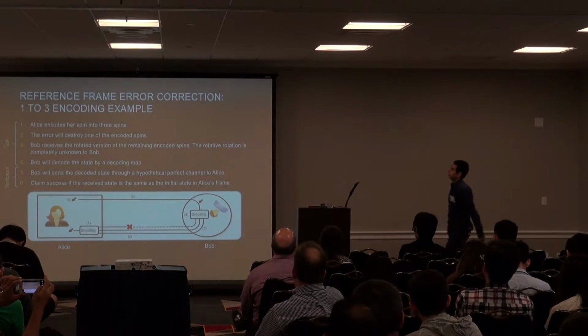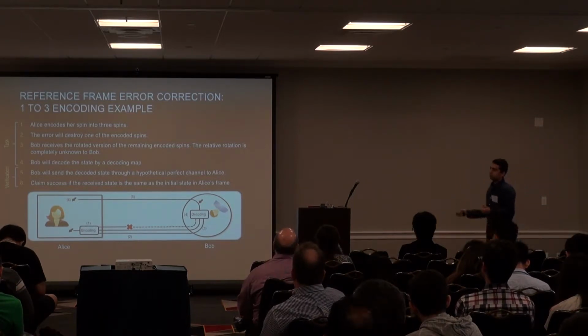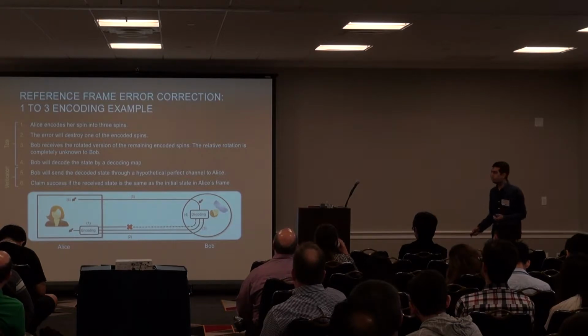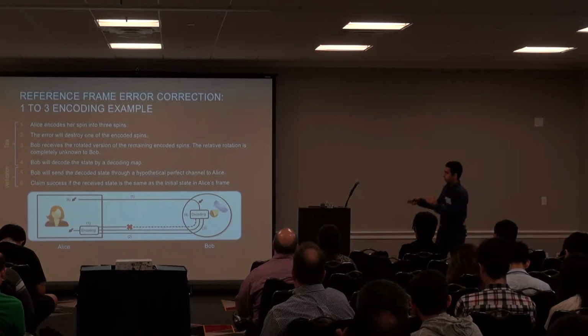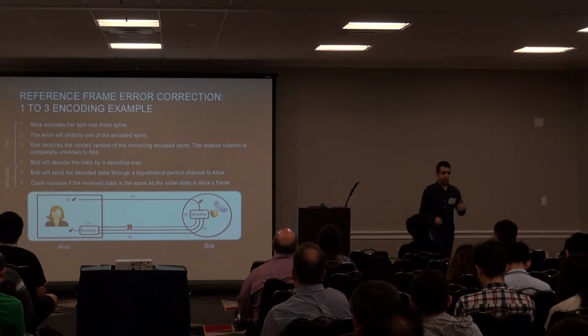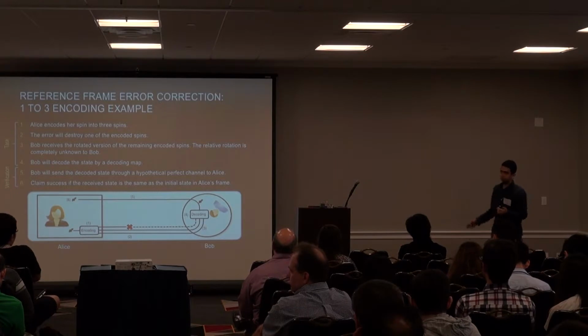Now that I have defined the task, I want to define the equivalent problem of reference frame error correction. Please keep in mind that I'm going to discuss this problem in more detail, and we assume that reference frame error correction is possible.